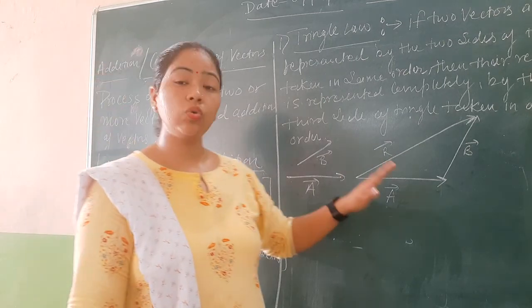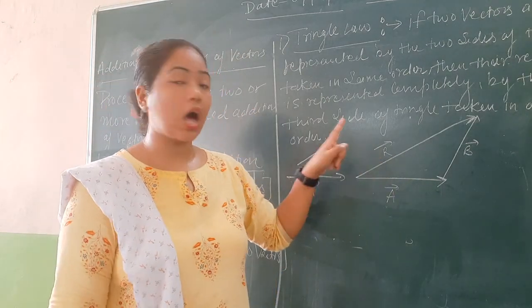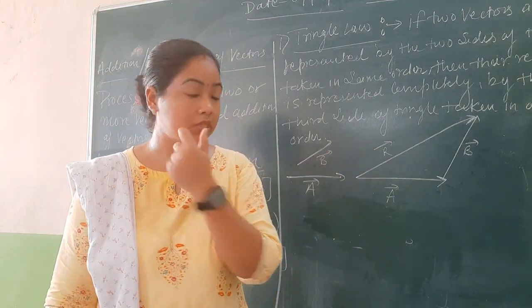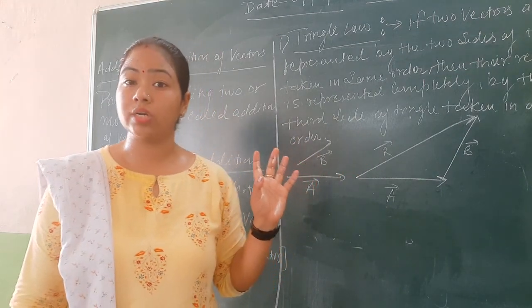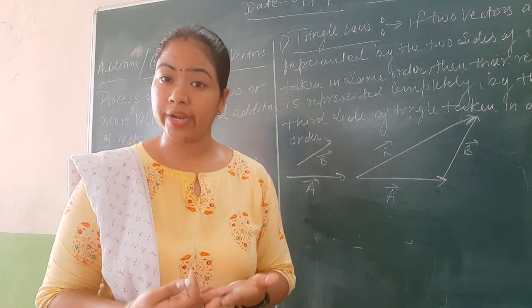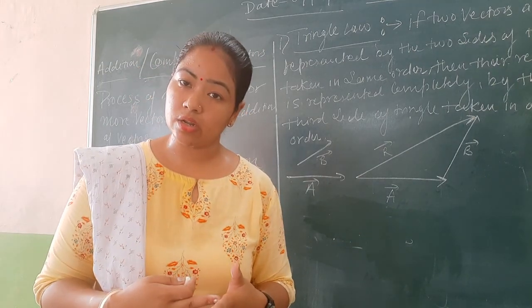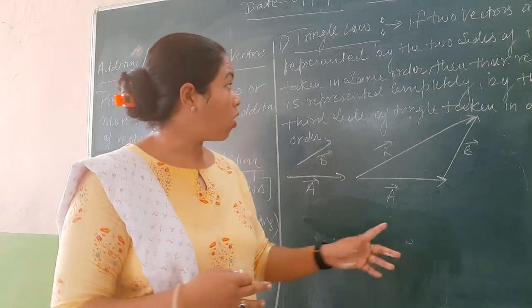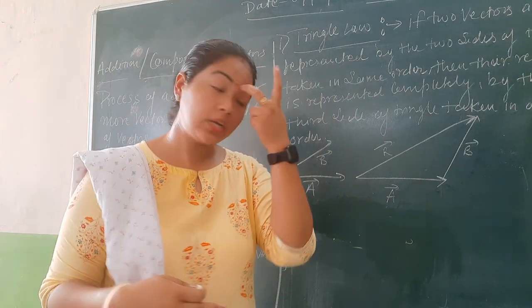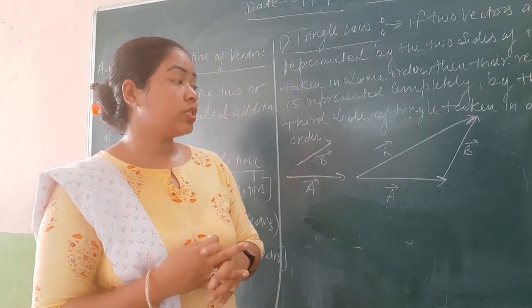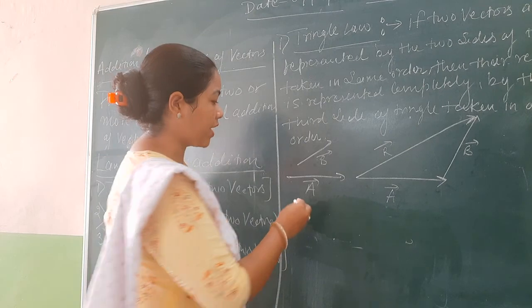Now what unknown quantity do we have? This R vector is unknown for us. Now we will find the magnitude of R and the direction of R by an expression. How will you derive the expression?